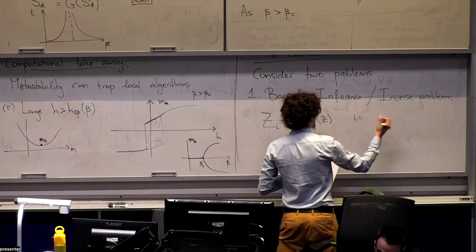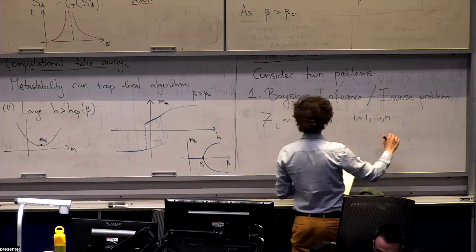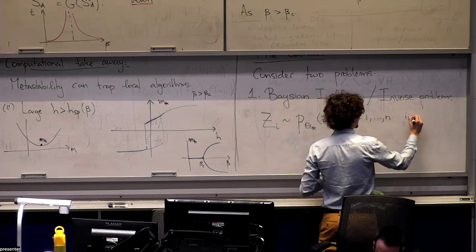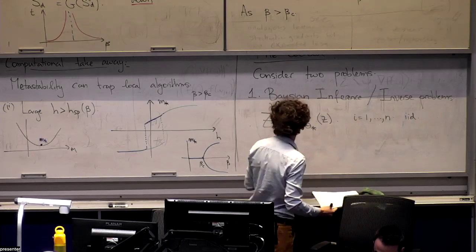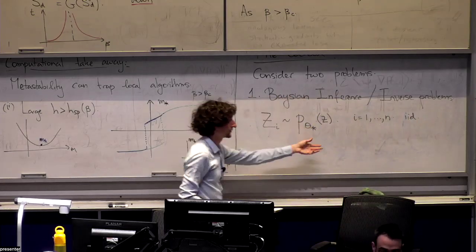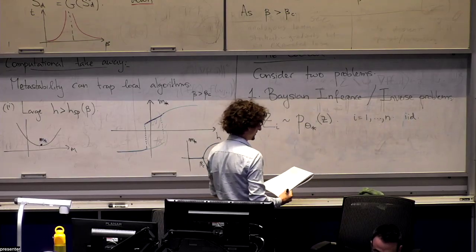And you observe, let's say, n samples from this distribution. Let's assume they are IID, always keeping in mind what Matos was telling us in the first lecture, that real life is more complicated than that, but that's the typical setup we study.